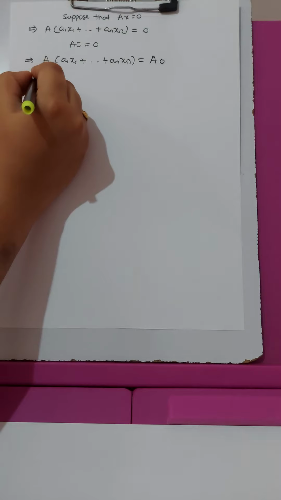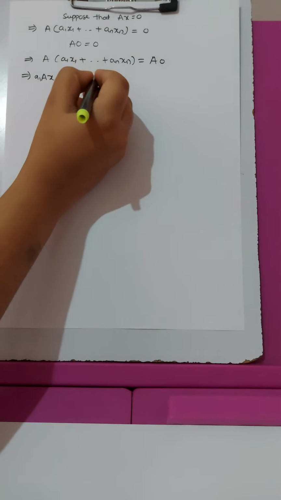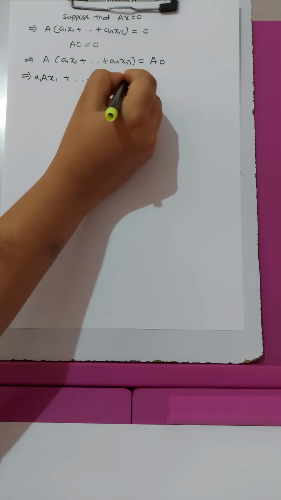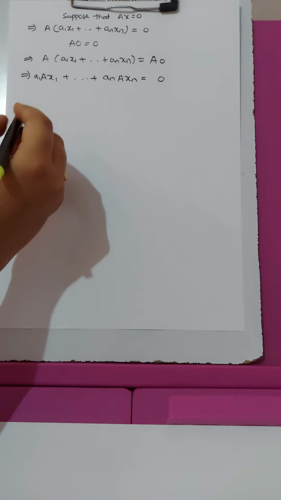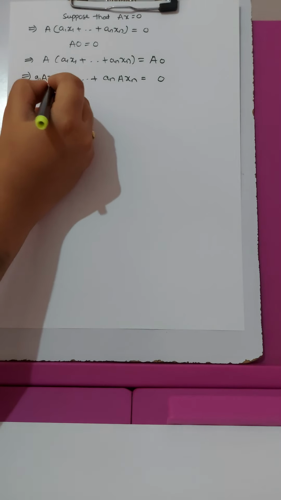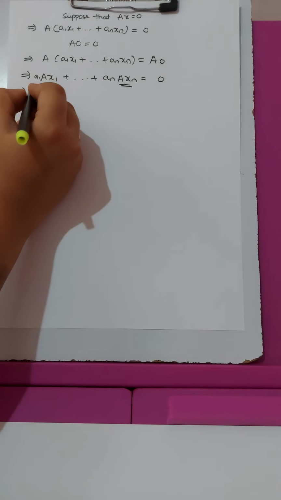Now since A is linear, a1 A x1 plus up to so on an A xn is equal to 0, and these Ax1 up to Axn are the elements of the set C, and C is a linearly independent set.